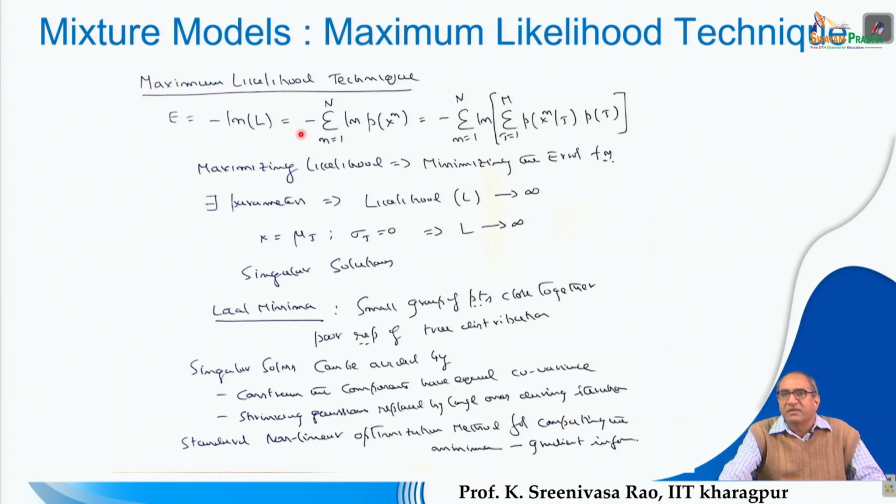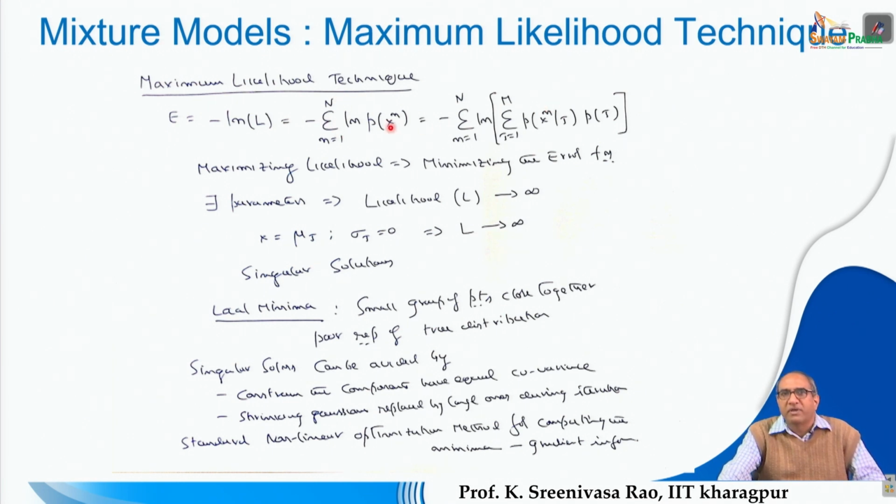Here, there are n data points. For each point we try to estimate the density. Since the data points are independent, we take the product of them, and since we are taking a logarithm, that becomes the summation over all n data points.